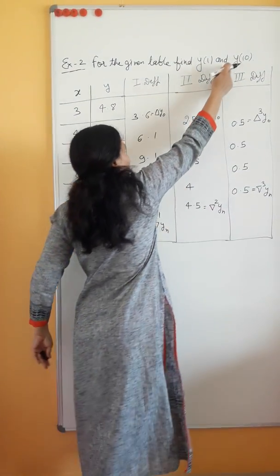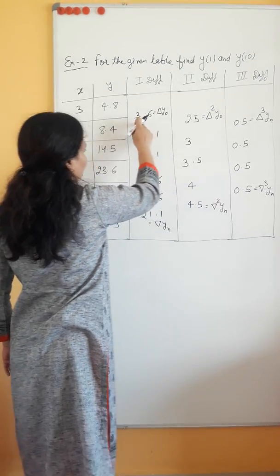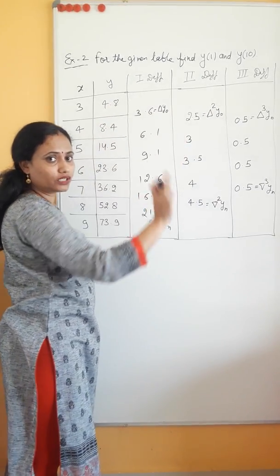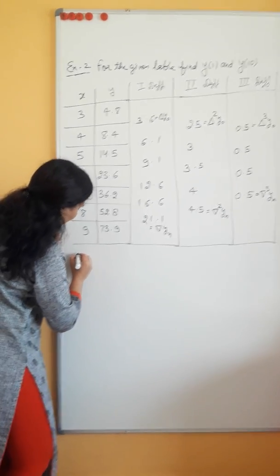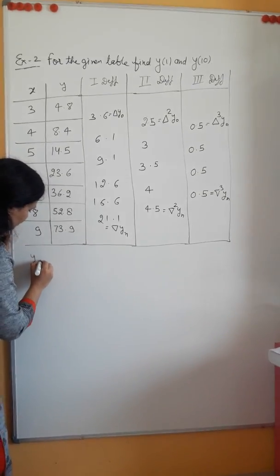Now we will solve it for y10 only. I am leaving y1 for you, since we have already done the forward interpolation formula. So first write the backward interpolation formula.